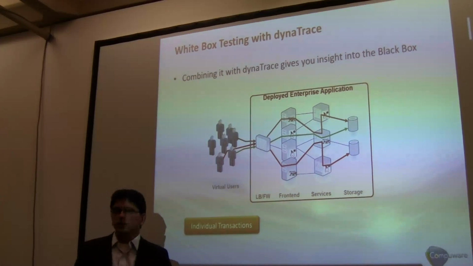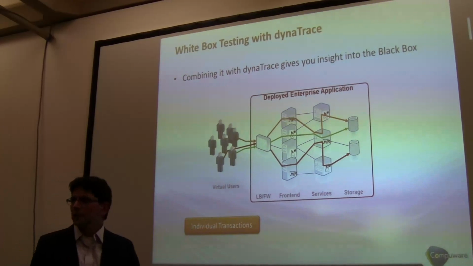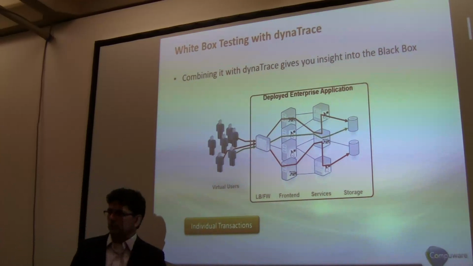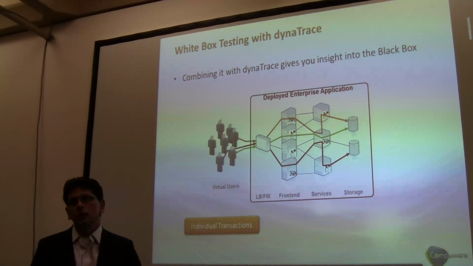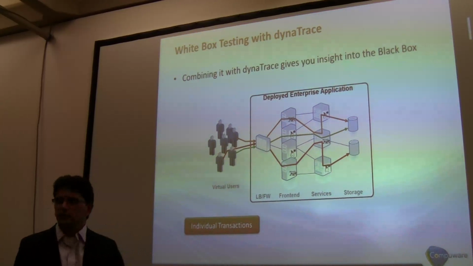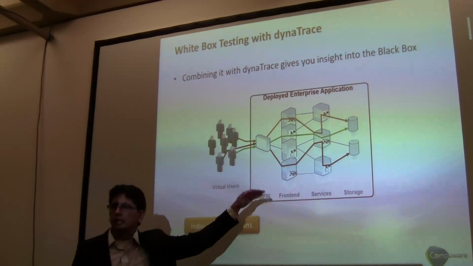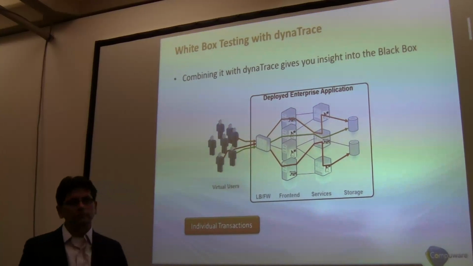For example, on an e-commerce site, you want to know how many searches will happen. If you put a load of 10,000 virtual users doing searches for different items, Dynatrace will capture every individual transaction, the 10,000 transactions that you're hitting.